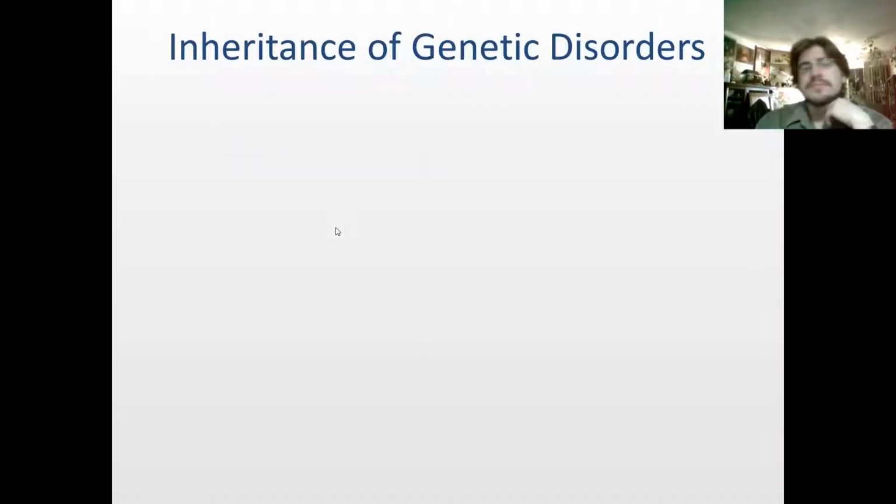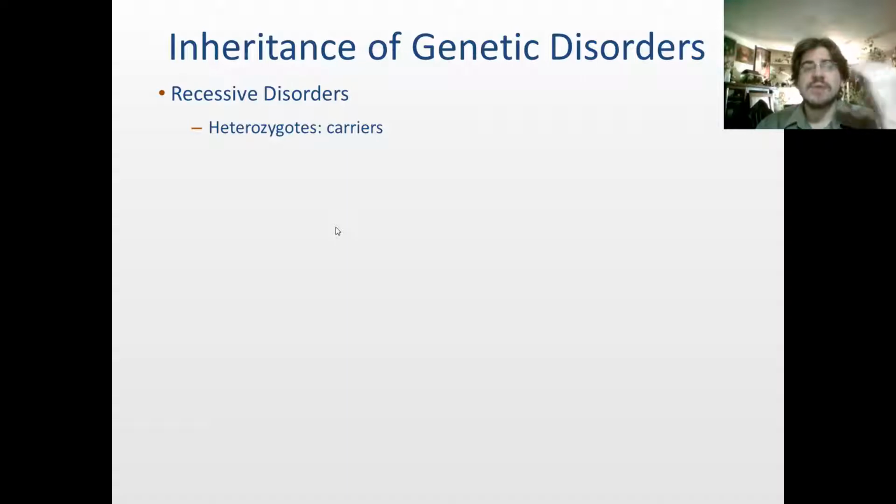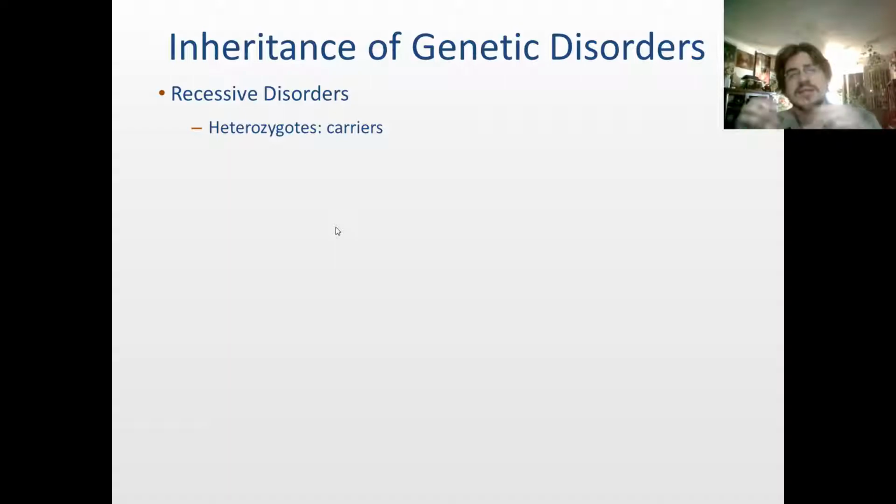All right, now let's talk about the inheritance of genetic disorders, because there are certain genetic disorders that are inherited as dominant or recessive. A lot of genetic disorders are recessive. So if you have a recessive genetic disorder, heterozygotes are considered carriers. Because they have a dominant allele, they do not express the disease.